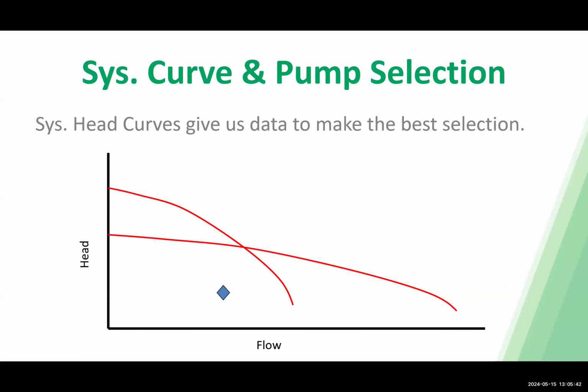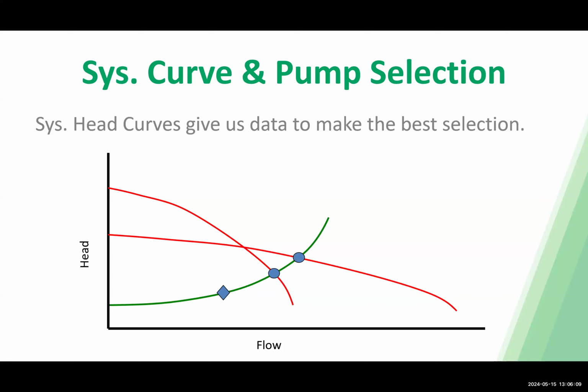But now we have to select between 2 different pumps. And the best way to do that is by mapping out your system head curve. Now you can see here the 2 different operating points for these pumps. With the original traditional method of sizing, you may have thought that the curve that is closer to that design point was going to be a better pump for the application.